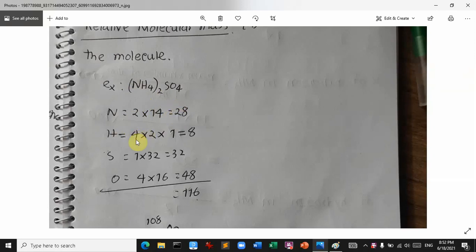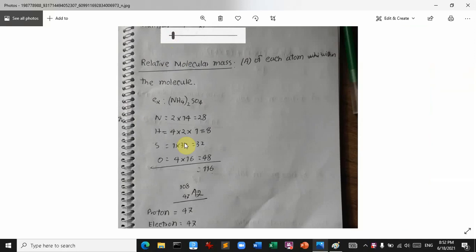Hydrogen has 4 times 2, which means 8 atoms. Multiplying 4 and 2 gives 8 hydrogen atoms, and the hydrogen mass is 1, so the total mass of hydrogen is 8. Next are sulfur and oxygen. After calculating each of their masses individually, we just have to add them. What we get at the end is the total molecular mass.